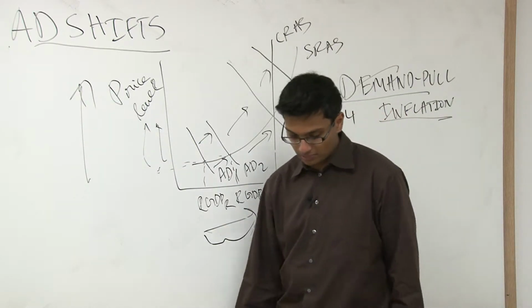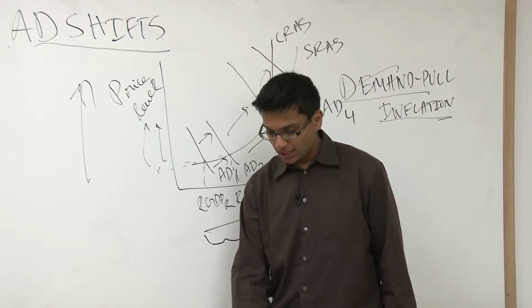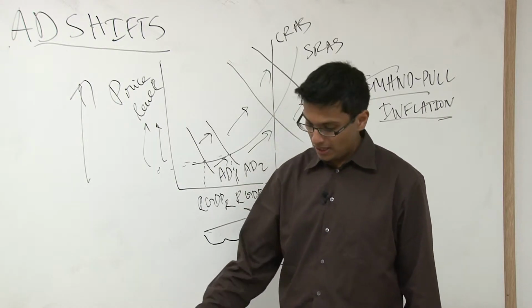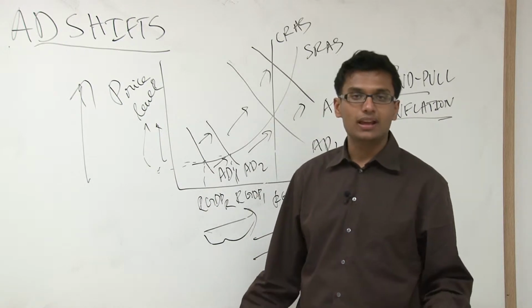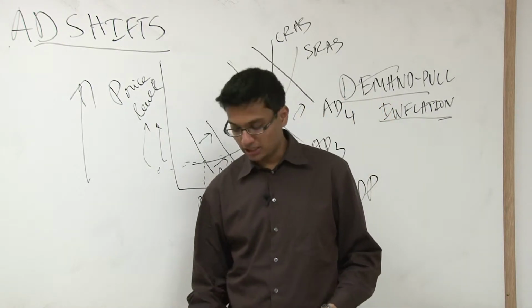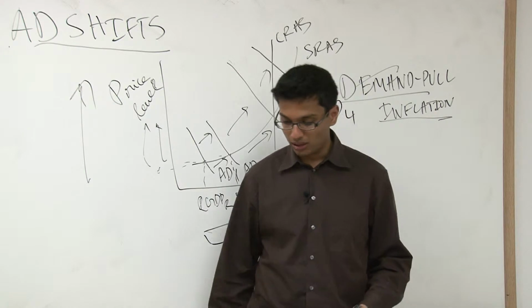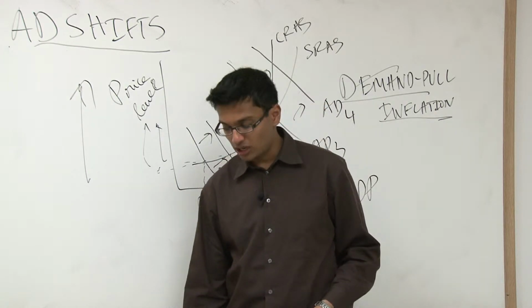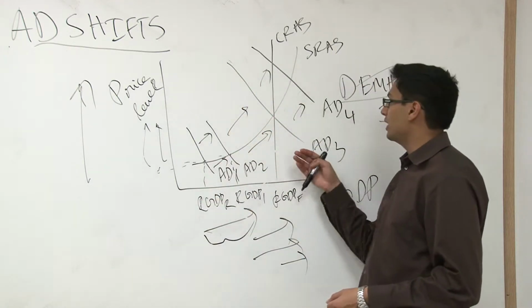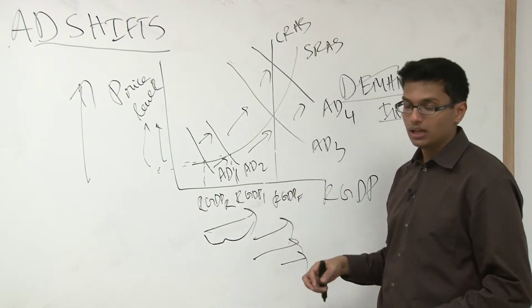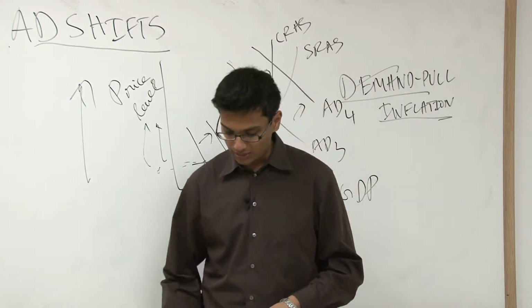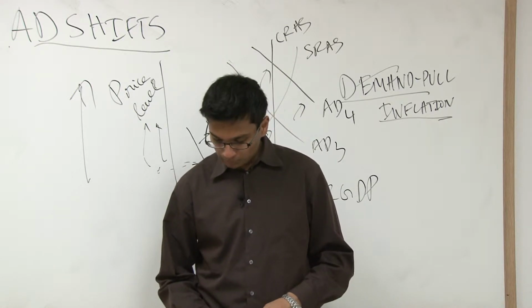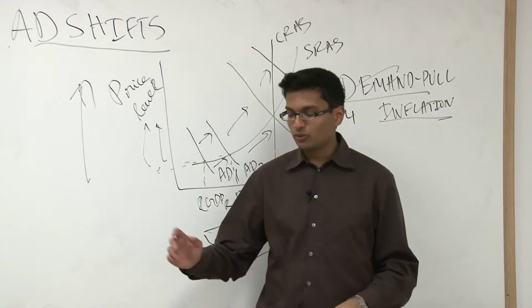That is a big problem for economic health. If price levels go up, you're making $5 a day, and tomorrow the $5 is not going to be worth as much because price levels have been increasing by a lot more. So definitely watch out when you move from AD3 to AD4. Anything above full employment, you need to watch out because you're in an area where inflation is going to increase exponentially.